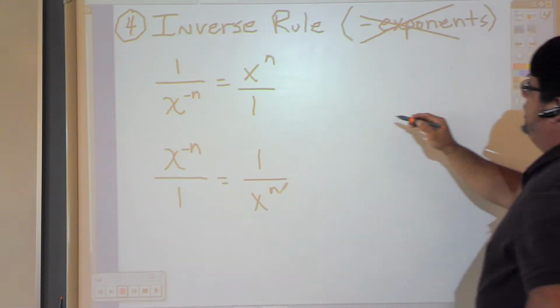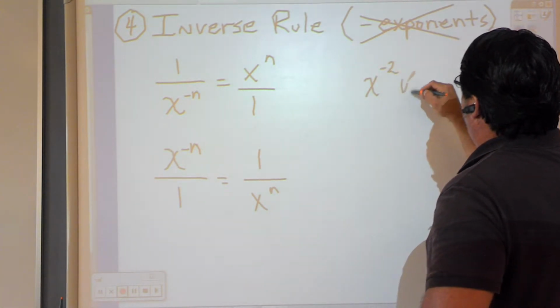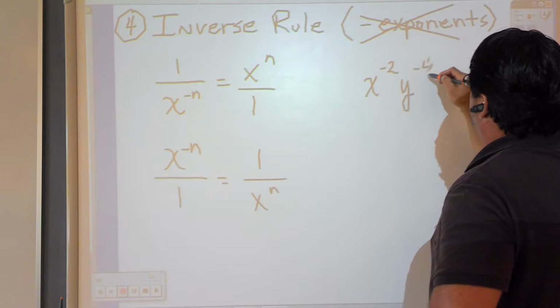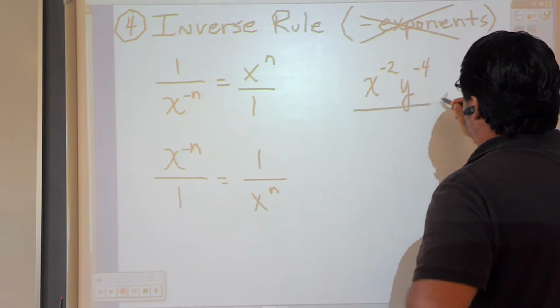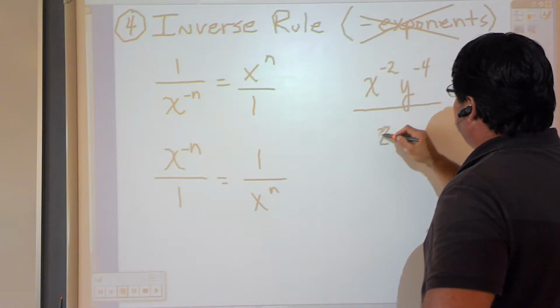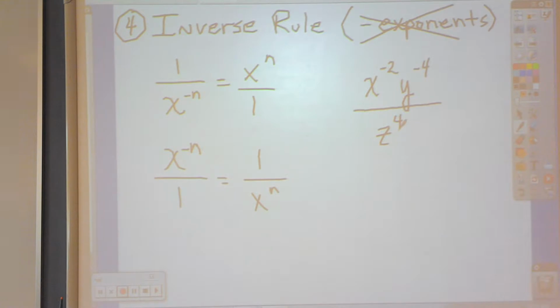Let's go with x to the negative 2, y to the negative 4 over z to the 4th. Now that's an example of negative exponents.